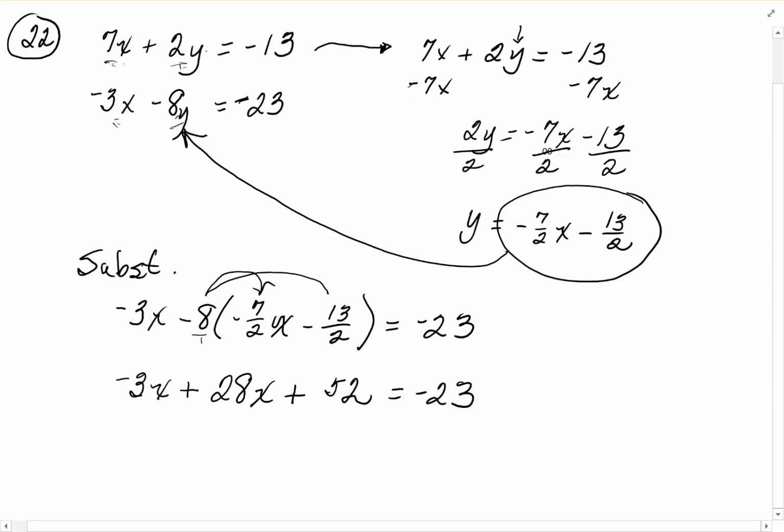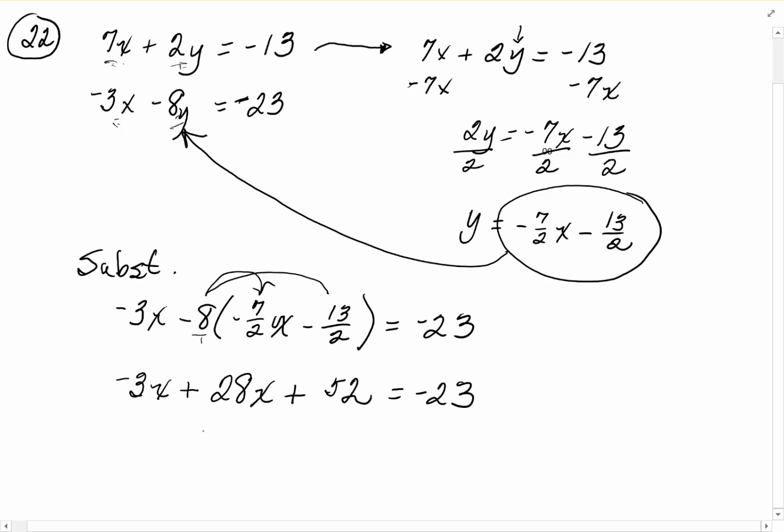I chose this y just because I thought dividing by 2 would be the best. Plugged it into the other equation in the place of y. Each time I had negative times negative, so those became positive. Each time the 2 divided into the 8 4 times, so it was like 4 times 7 for 28 and 4 times 13 for 52.